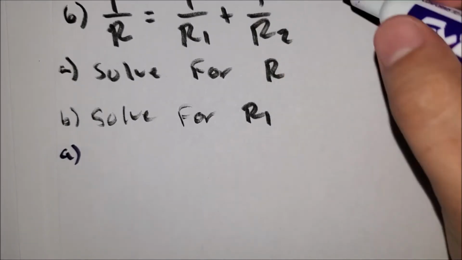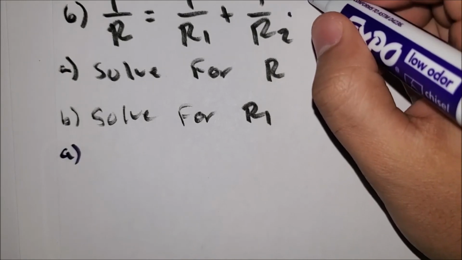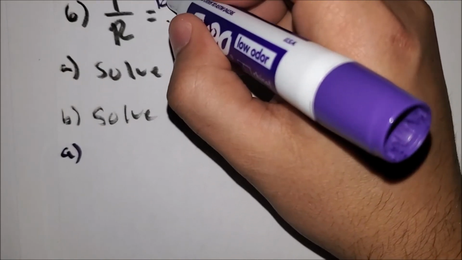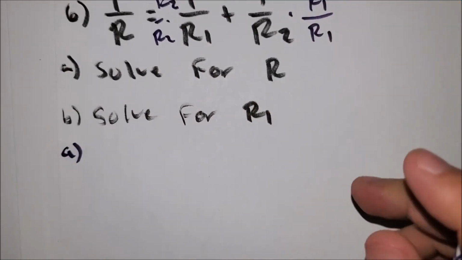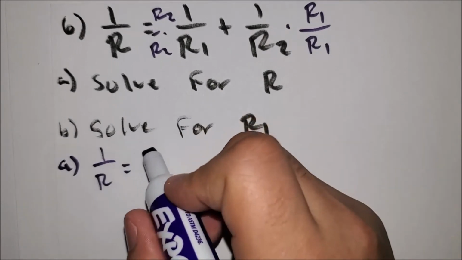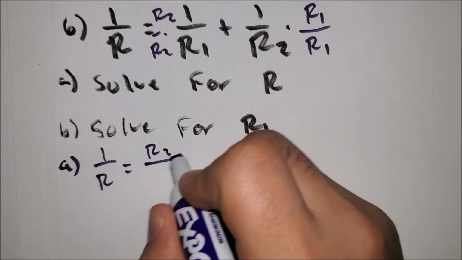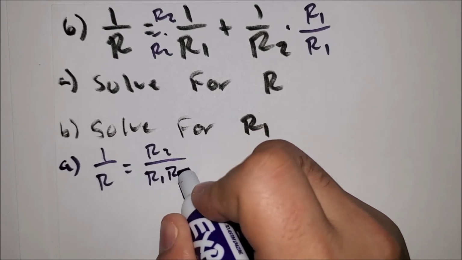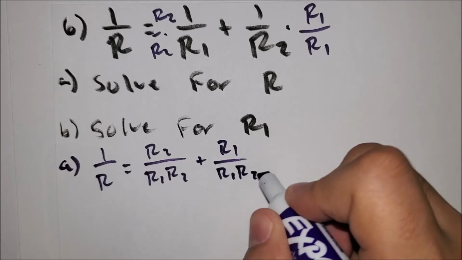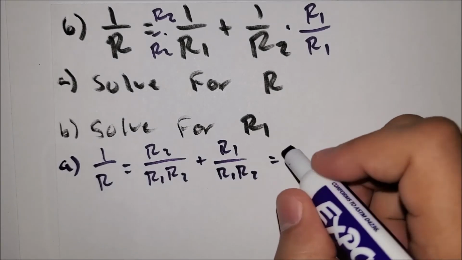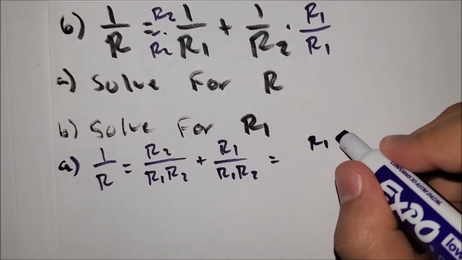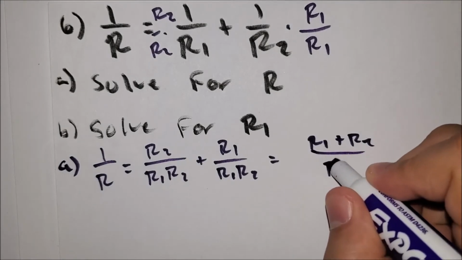So we multiply top and bottom of this one by R1 and this one by R2. This gives us 1 over R equals R2 over R1 R2 plus R1 over R1 R2, which simplifies to being R1 plus R2 over R1 R2.